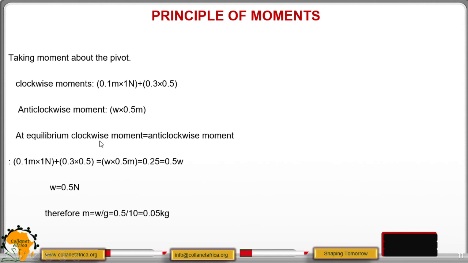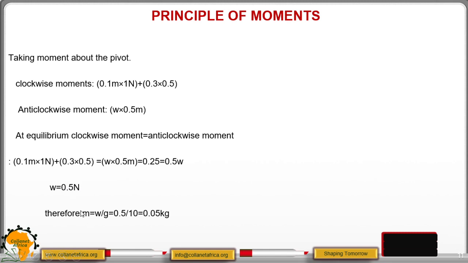At equilibrium, the clockwise moment is equal to the anti-clockwise moment. That is according to the principle of moments. Therefore, the clockwise moment is whatever we have gotten here, then the anti-clockwise moment is this one here. If we divide through by 0.5 on both sides, we get that the weight of the glass block is 0.5 newtons.